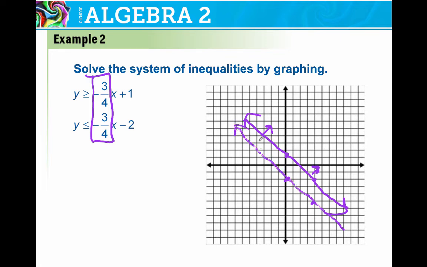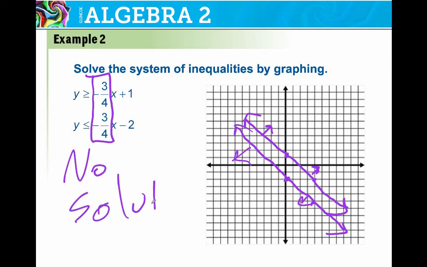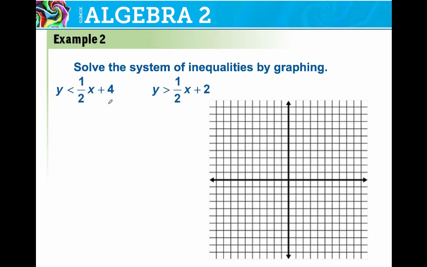Now notice, you've got to be careful because I'm going less than that one. So these ones are no solution, but that doesn't mean that all parallel lines will be no solution, because I could have filled in between if the other one went down and up, which is exactly what happens right here.